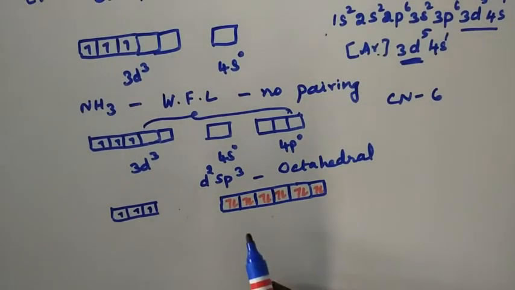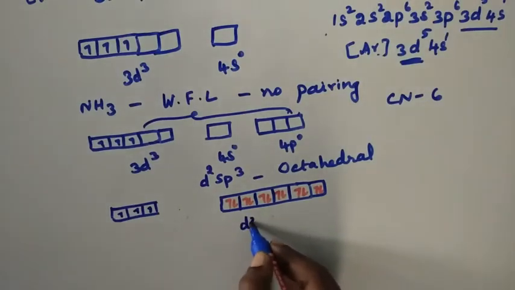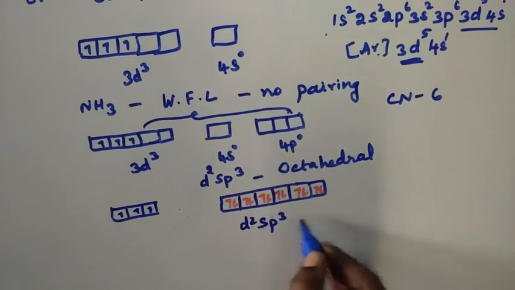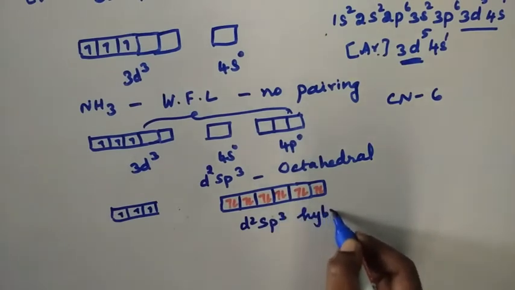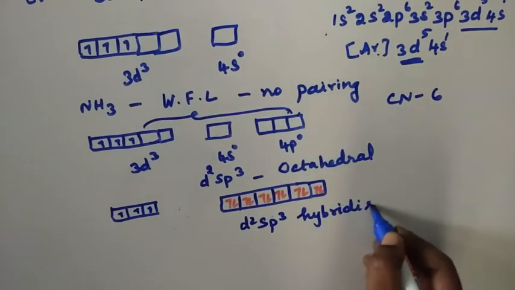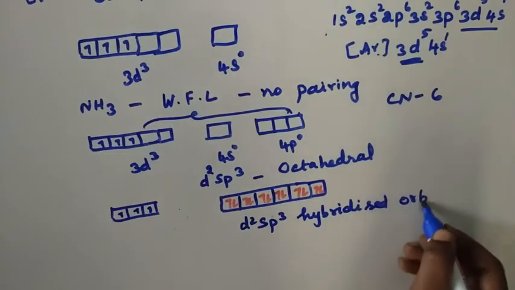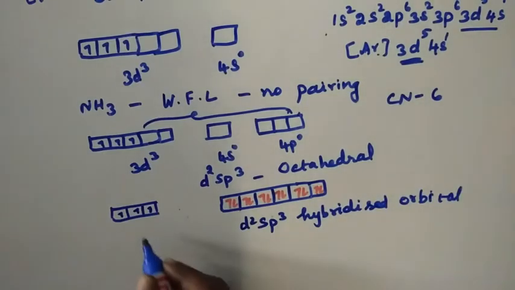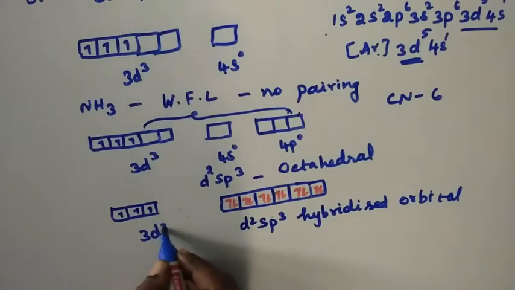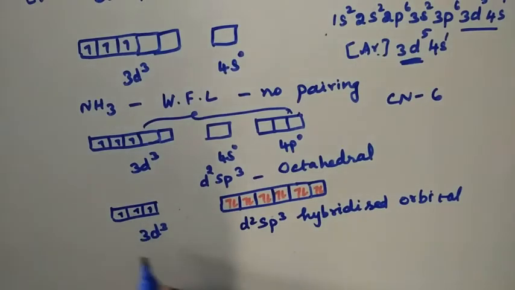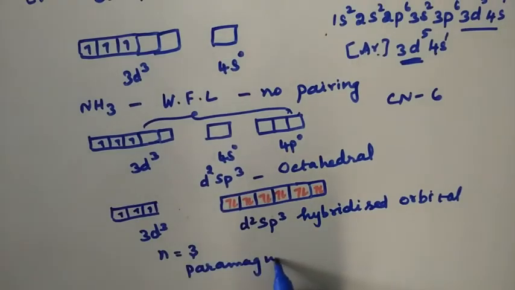Now we can draw this hybridized orbital. So d2sp3 hybridization takes place. This is the d2sp3 hybridized orbital, and this is 3d3. And when you see these electrons, there are 3 unpaired electrons, and because of these unpaired electrons, the complex is paramagnetic in nature.